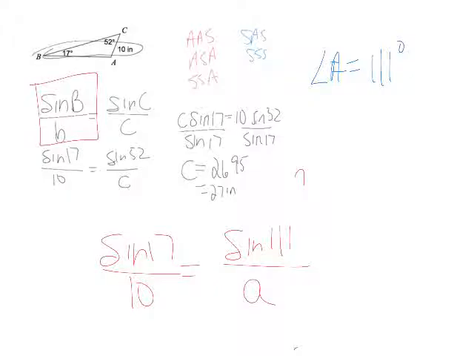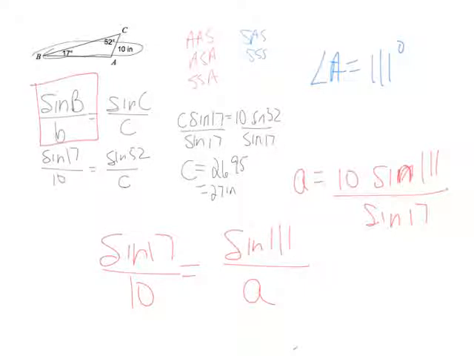When you do that, you get A equals 10 times the sine of 111 over the sine of 17. You carefully plug that into the calculator, and you get A equals 31.93, so you just go 31.9 inches.